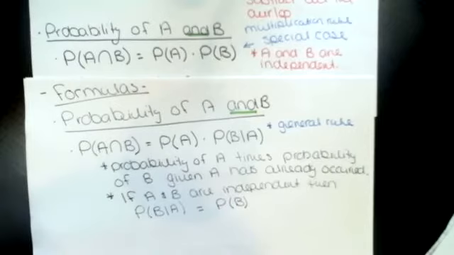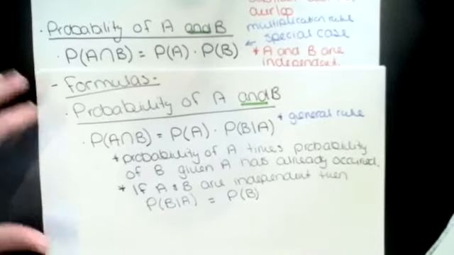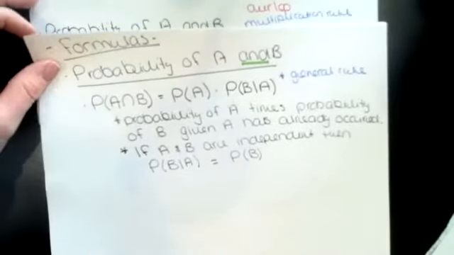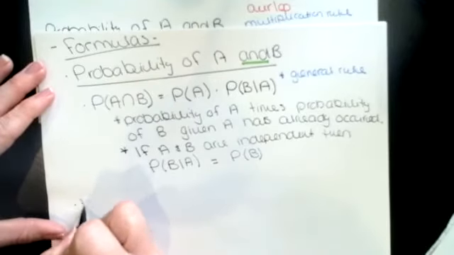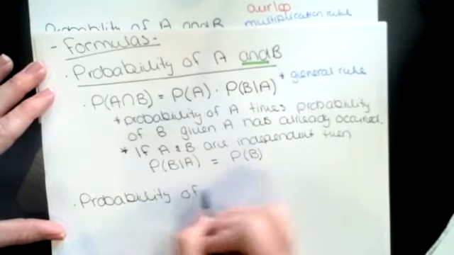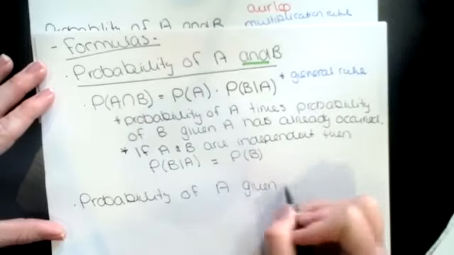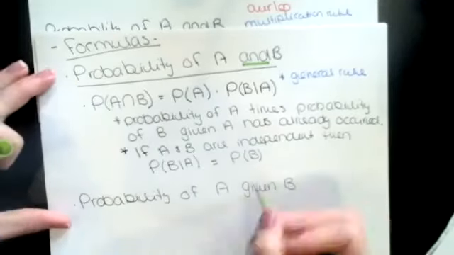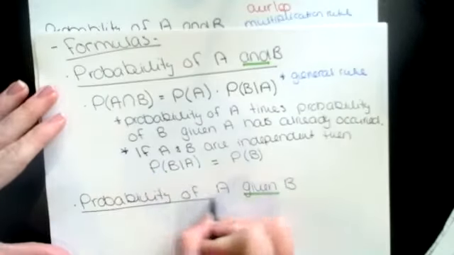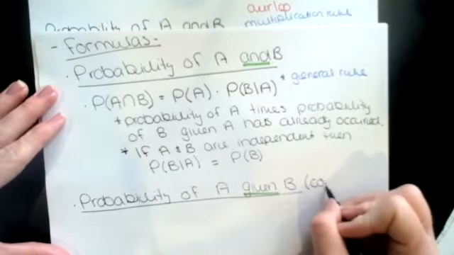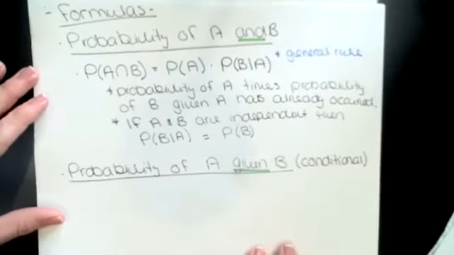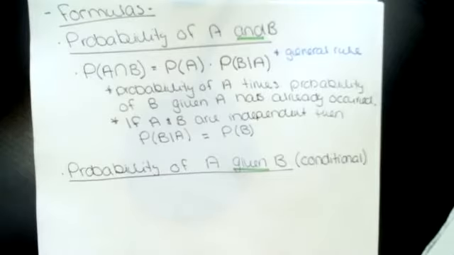Okay. All right, now let's take a look at the conditional probability formulas here. The probability of A given B. Given is that keyword that we're looking at. This is conditional. Now, some people get very confused by this, and I don't want you to get confused.